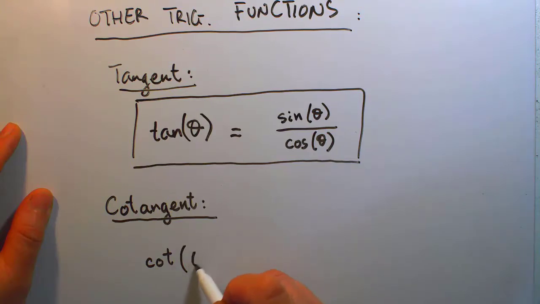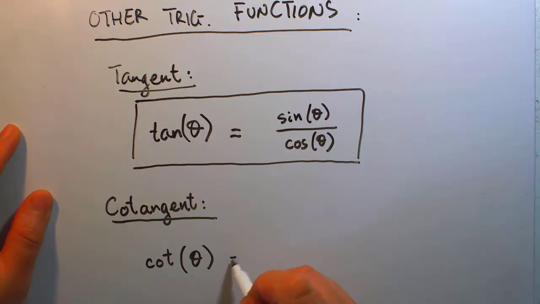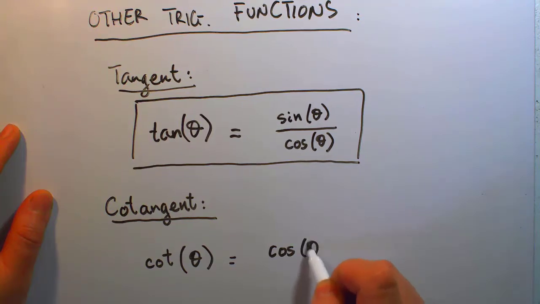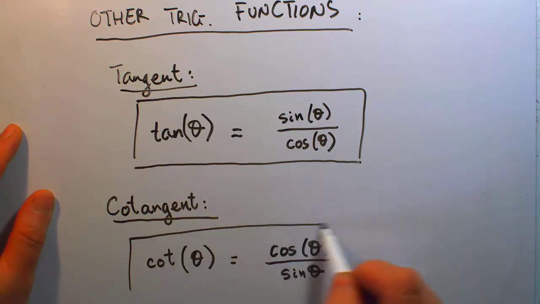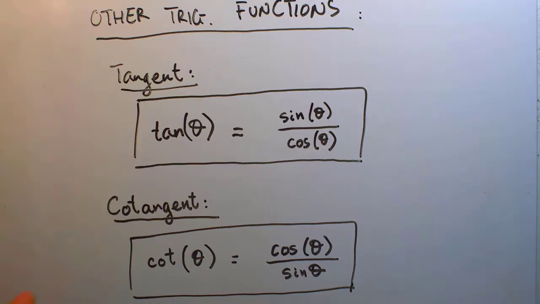And for any angle theta, cotangent of theta equals cosine of theta over sine of theta. So these are the fundamental definitions of tangent and cotangent.